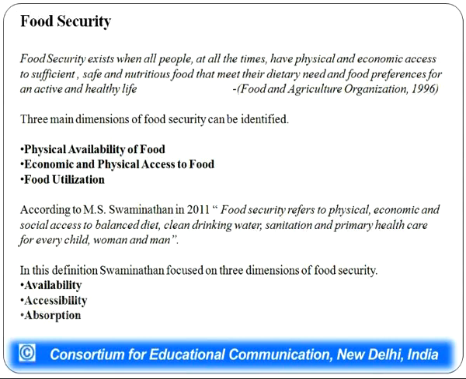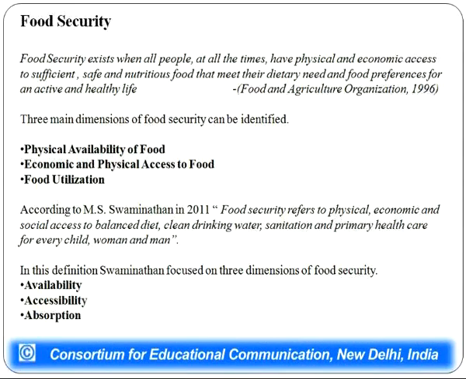So, what you are getting from this statement is that we need sufficient availability, we need safe food, so food safety is a very important component, and then nutritious food for our needs, and food preferences are also very important.